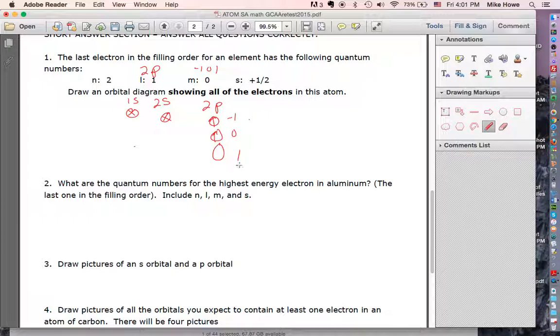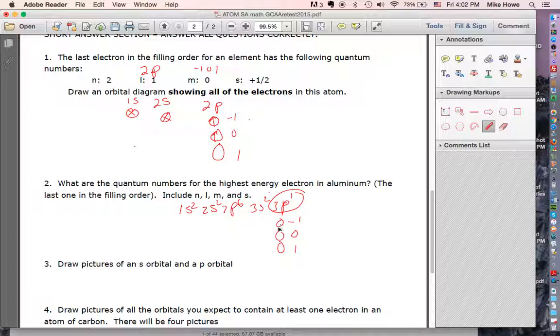All right, the quantum numbers for the highest energy electron, that's the last one for aluminum. So we're looking for aluminum at 1s2, 2s2, 2p6, 3s2, 3p1. So we're really looking for the quantum numbers that describe that electron. So let's draw the orbitals in just so you can see it. That's negative 1, 0, and 1.